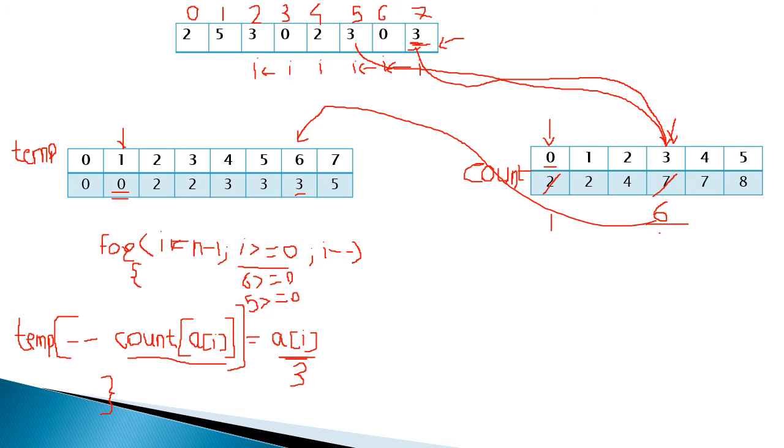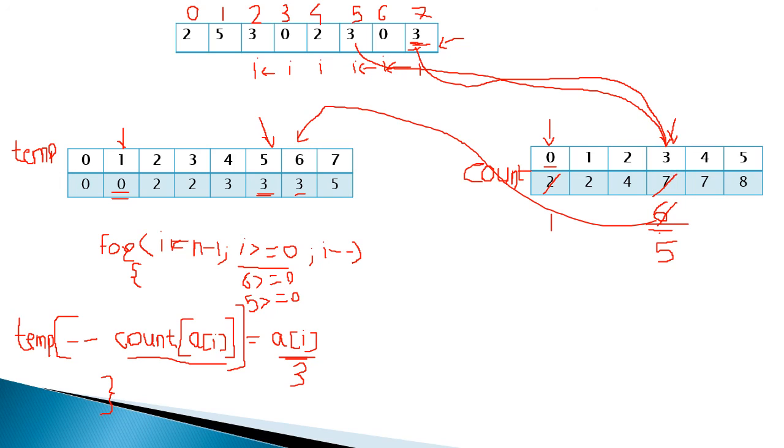Which value is there? That is 6. Decrement that value first. That is 5. On temp of 5, which value will we store? That is A of I. It is 3. Like this we will execute our for loop.